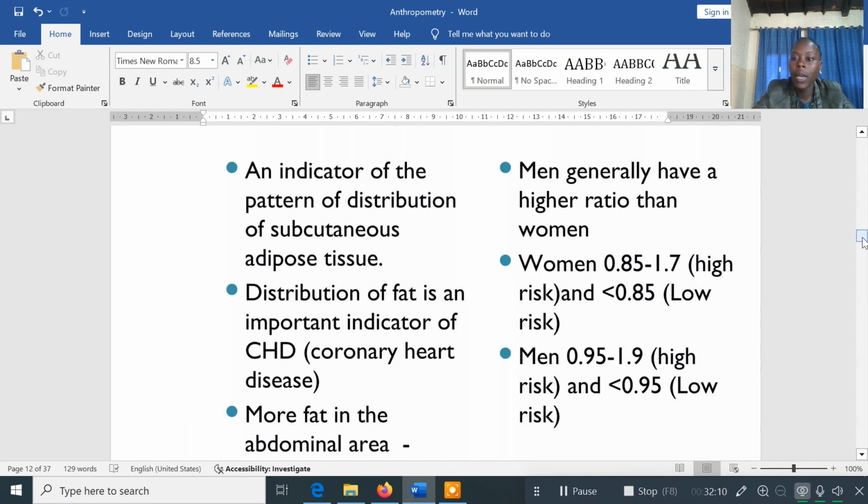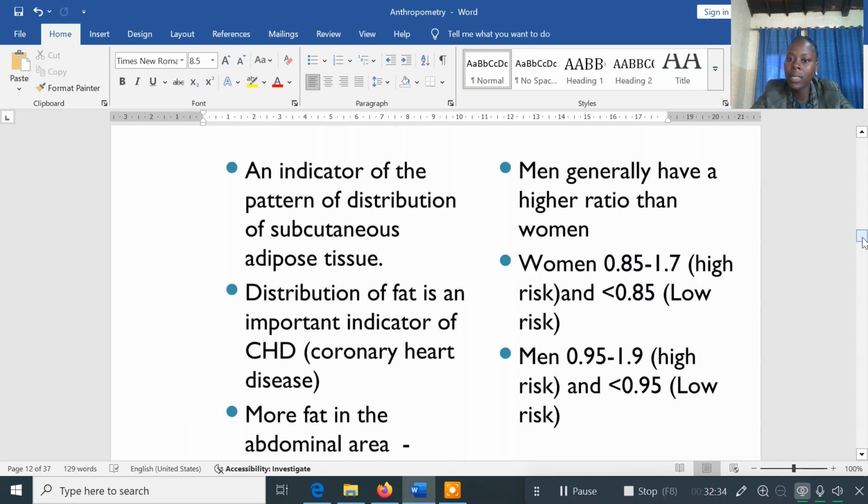Remember, to get this waist to hip circumference ratio, we take the circumference of the waist and then the circumference of the hip region. We get the value of the waist and divide it by the value of the hip. That is why it is called the waist over hip ratio.